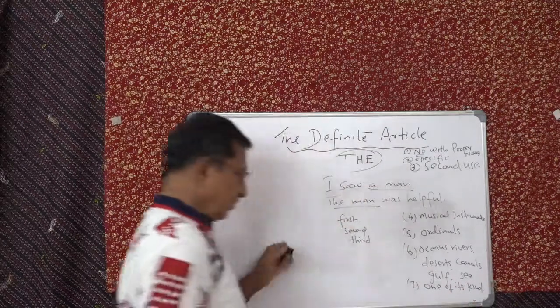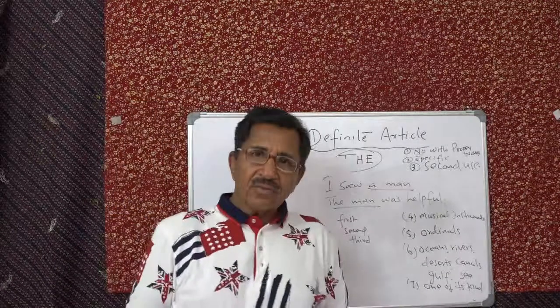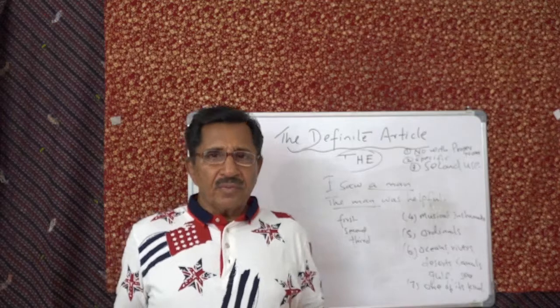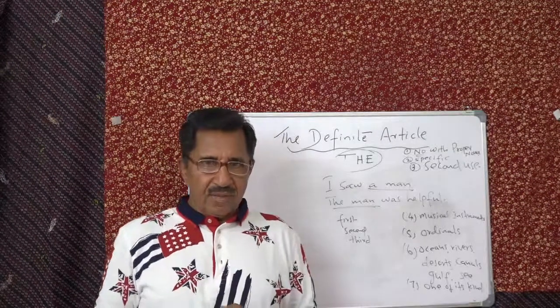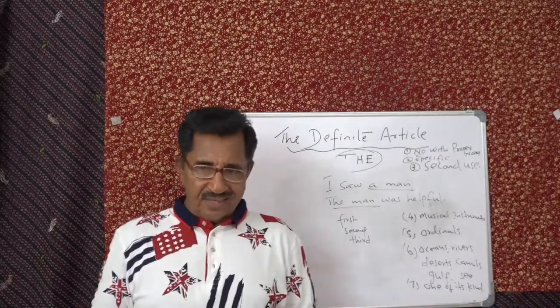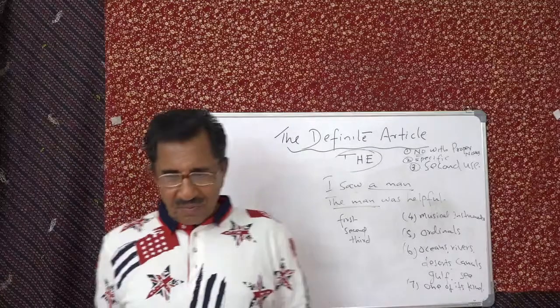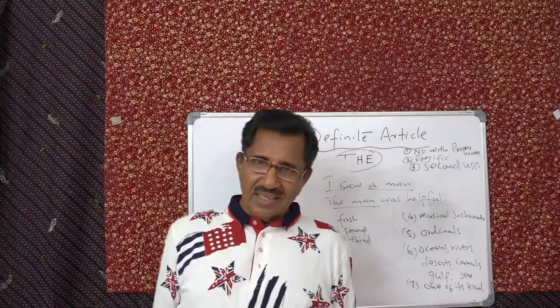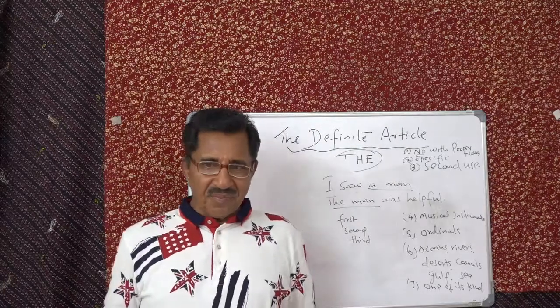Then what will you do? You will use the. So that's very important. You have to particularize that. The Pope, we say. The Pope. Because there is only one Pope. Isn't it? What is the name of the present Pope? Pope Francis. Isn't it? So then there is a problem.